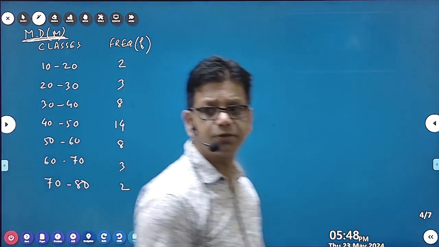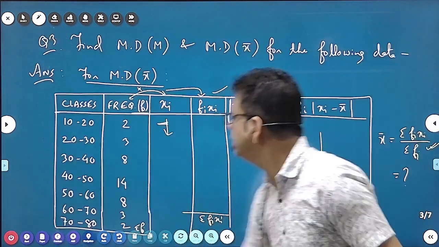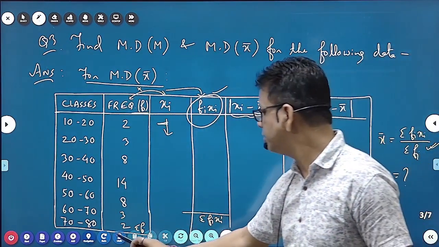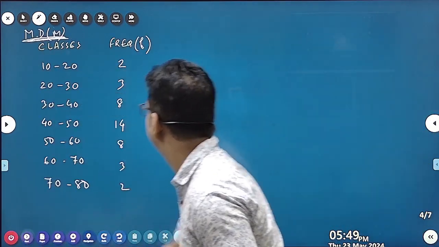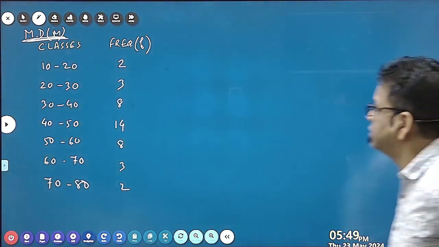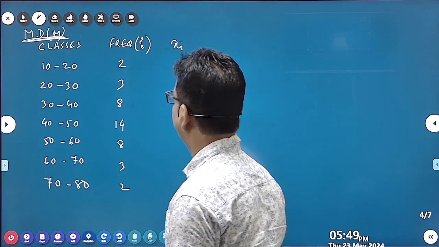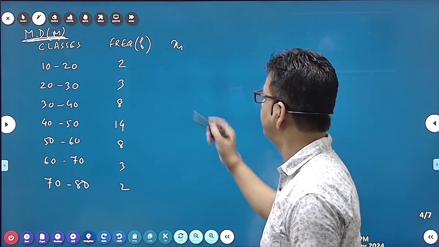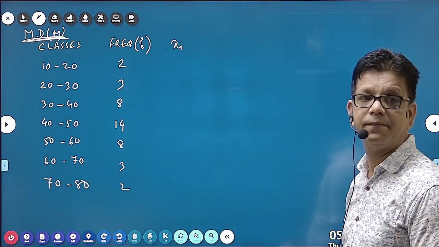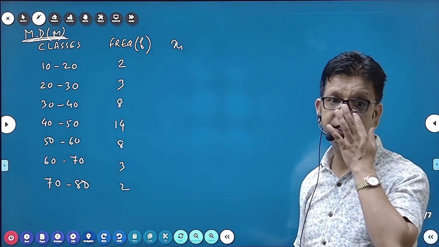Tell me the columns. The way I did it here, Fi xi, because that is the requirement for mean. So what is the requirement for median? Okay, very good. First of all, you have to do xi anyway. Then xi minus M, but where is the M? M we don't have. Median you have to find.